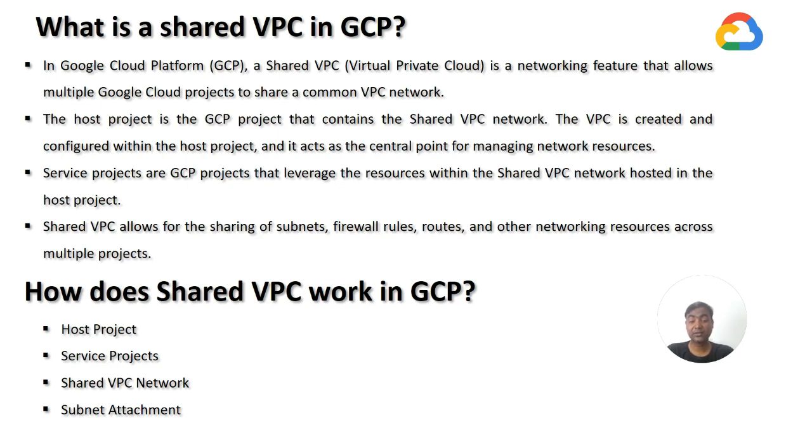This creates a connection point for resources in the service project to access the shared resources. It's like connecting your apartment's plumbing and electricity to the building's central system. Now guys, I hope you understand how shared VPC works in GCP: create a host project, service project, shared VPC network, and subnet attachment.